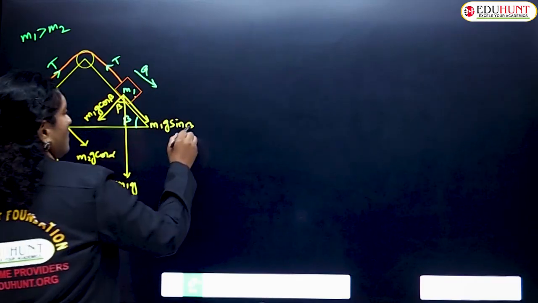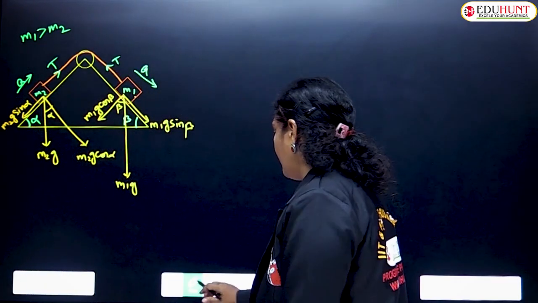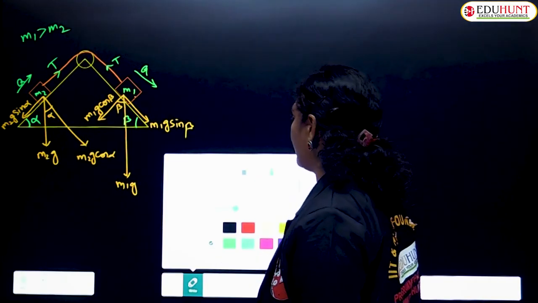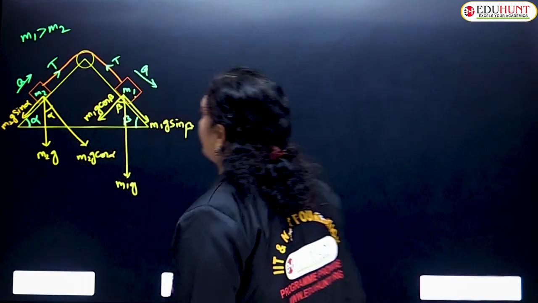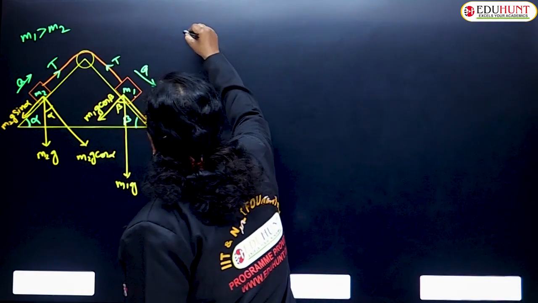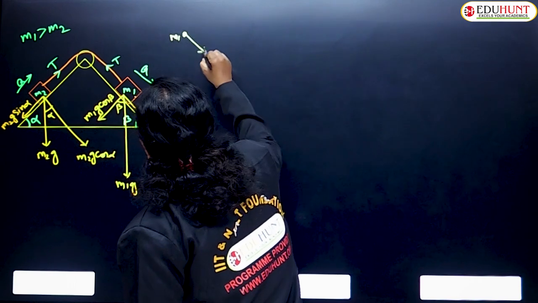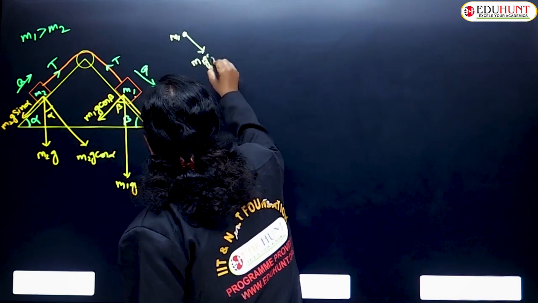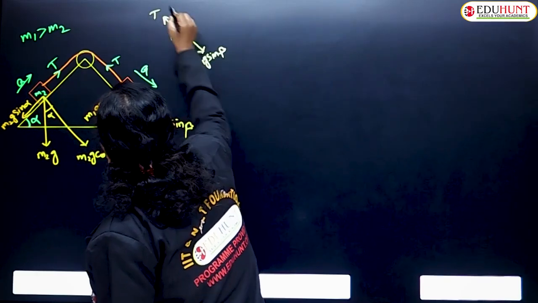So let us try to draw the free body diagram for this and calculate the value of acceleration as well as the value of tension in the string. M1 is accelerating downwards. Drawing the free body diagram for this, this is M1 with downward acceleration. It is given by M1g sin beta as the downward force, and the upward force is the tension created in the string.